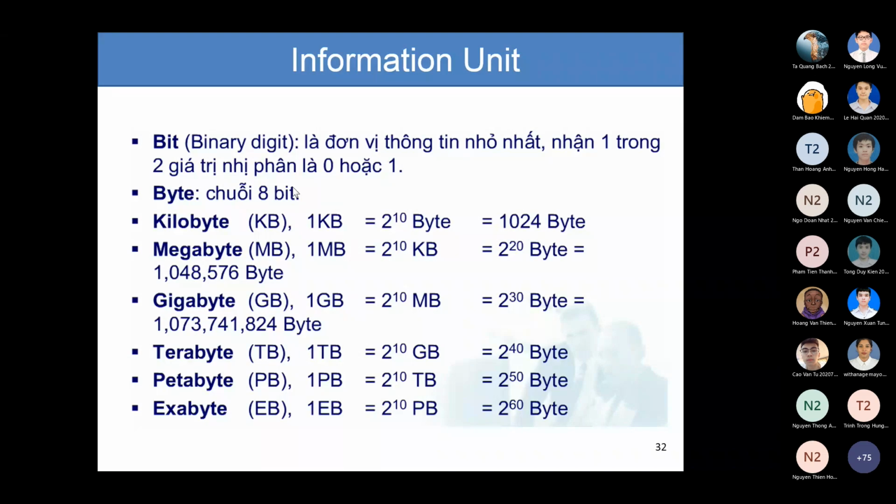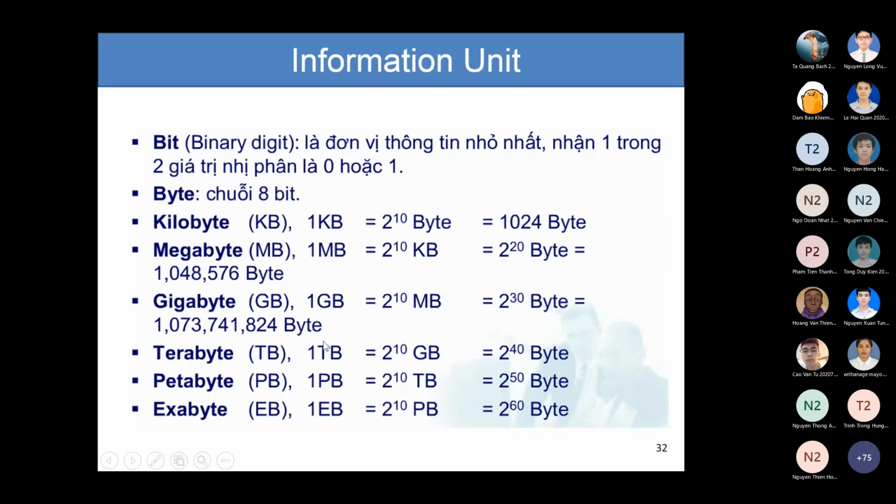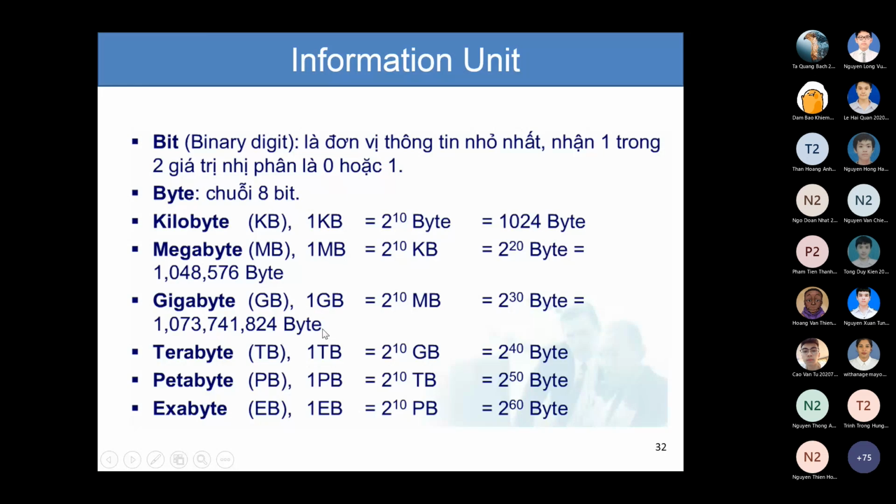So byte equals 8 bits, and then we have a bigger one, kilobyte, that equals 2 power 10 bytes, which is 1024 bytes. And then megabyte equals 2 power 10 kilobytes. Gigabyte equals 2 power 10 megabytes. And each next one equals the previous one multiplied by 2 power 10.